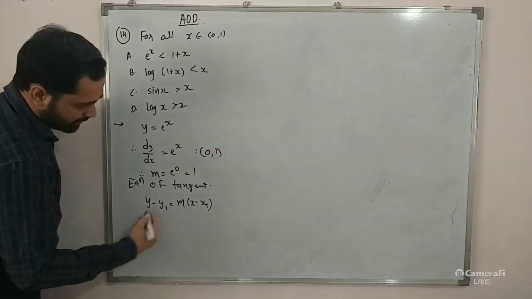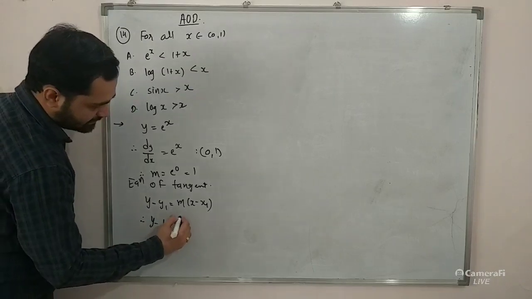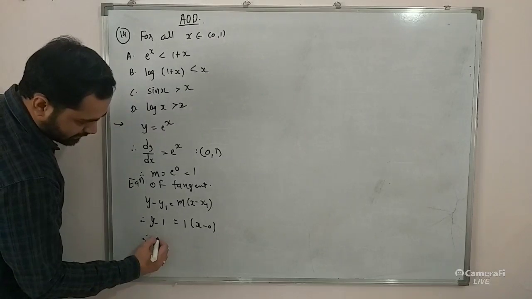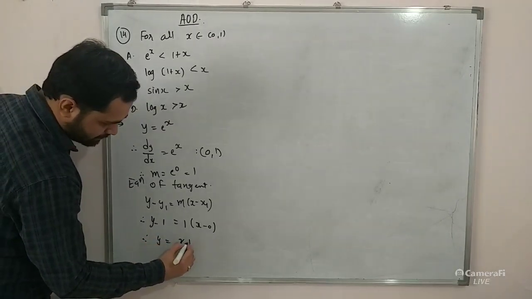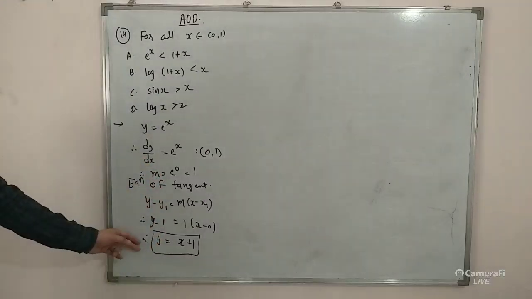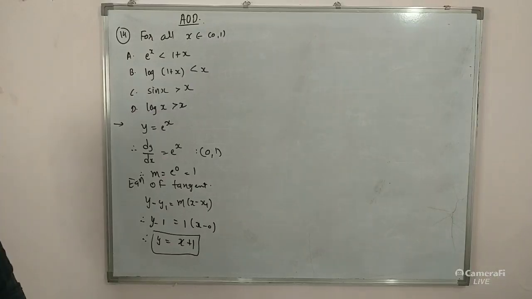So (0, 1) is the point. So x1, y1 is (0, 1). Therefore y minus 1 is equals to m equal to 1 into x minus 0, यानी कि y is equals to x plus 1. This is the tangent at which point? At point x is equals to 0.